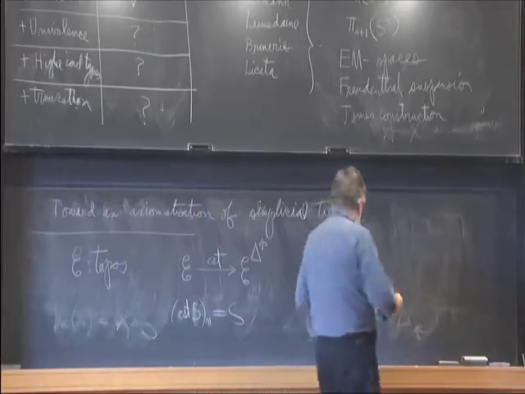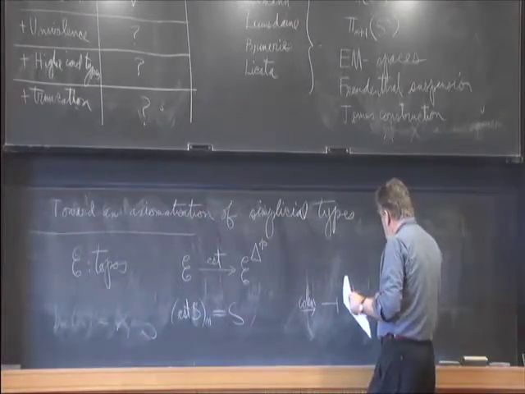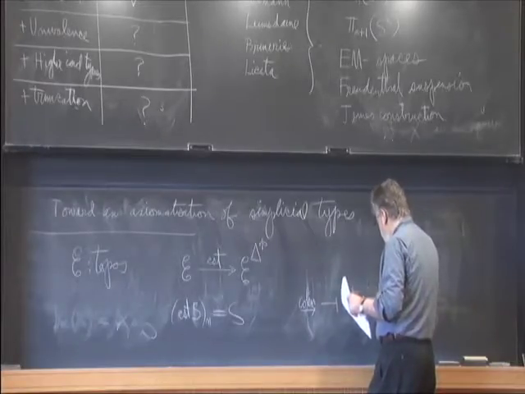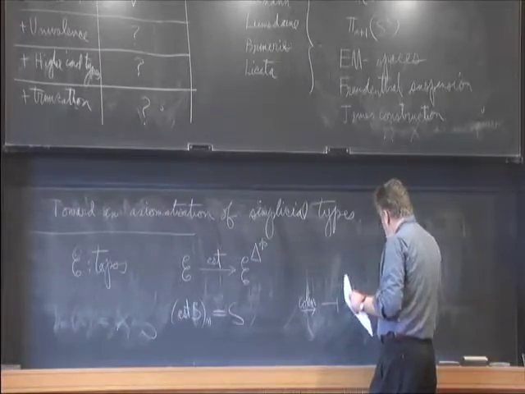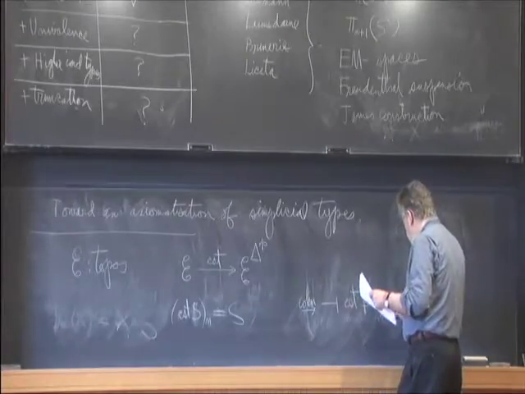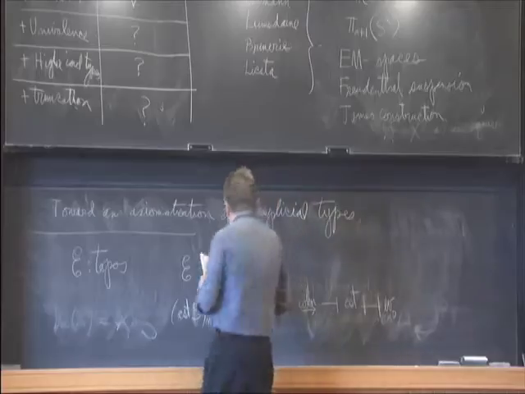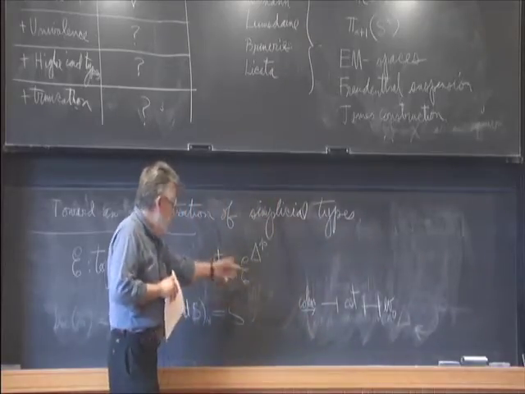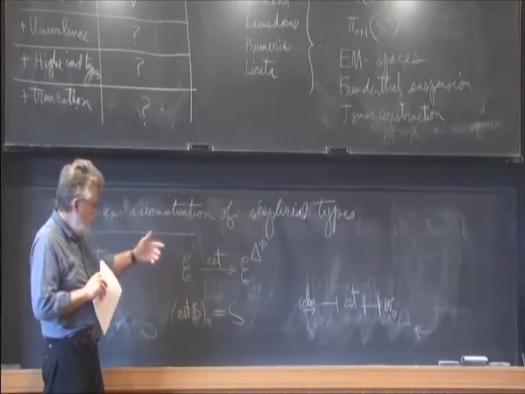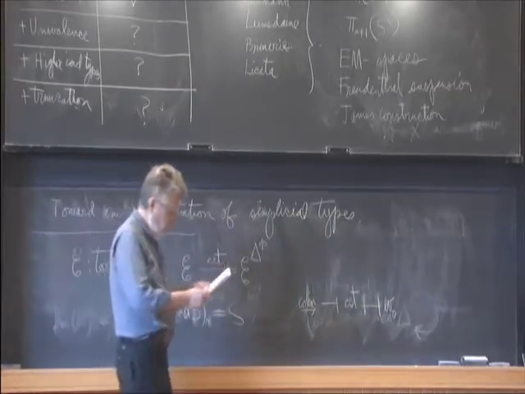Okay. And the constant functor is left adjoint to the evaluation at 0 functor. Evaluation at 0. So a simplicial object has a 0 object, and so just evaluation at 0.